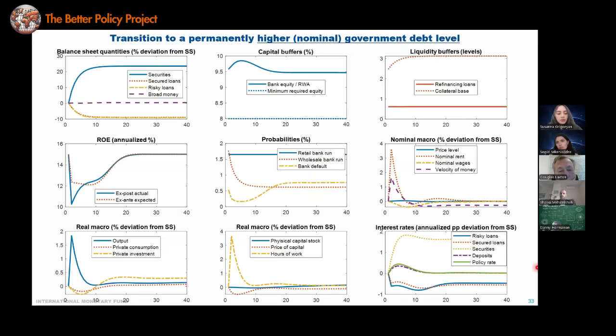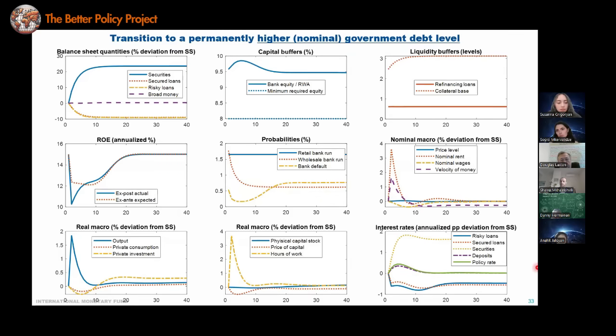It is coming from the real economy. We see that in this scenario, private investment and private consumption are going down, and at the same time, we see that hours worked are going up.